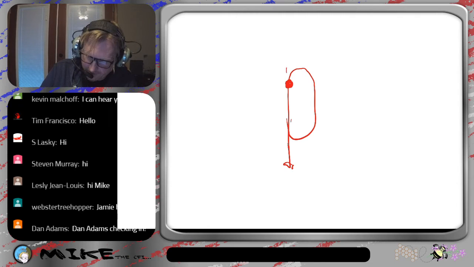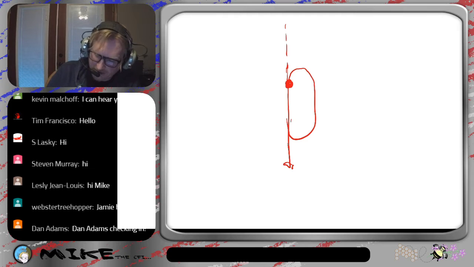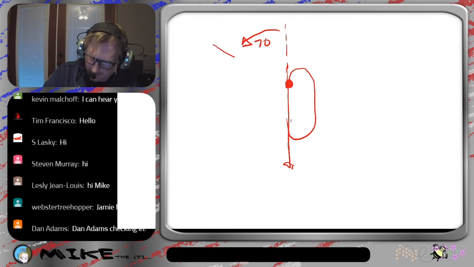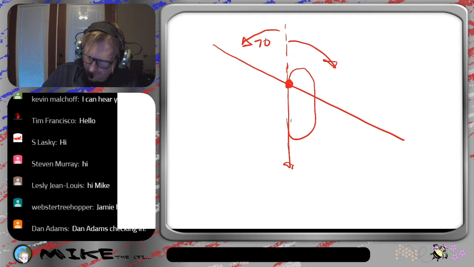And we draw the reciprocal off of there. Entry procedures are determined by where you're approaching the holding pattern from. So we would draw a line 70 degrees off of here, and so this would be 110 degrees there.